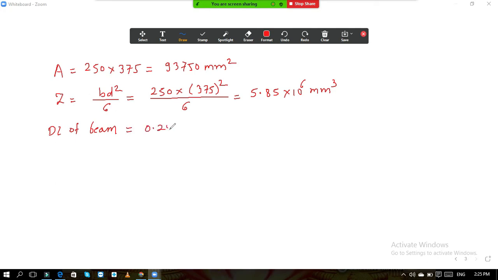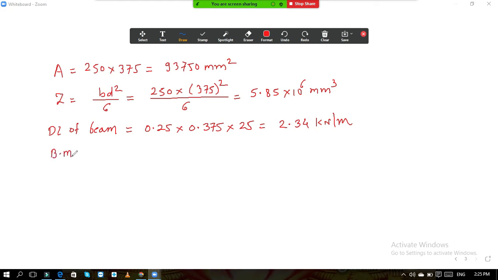It is 0.25 into 0.375 into 1 into 25. So it is 2.34 kilonewton per meter. This is the dead load.